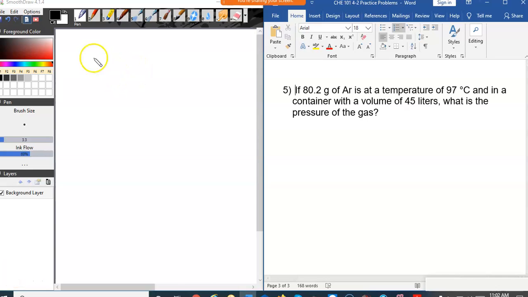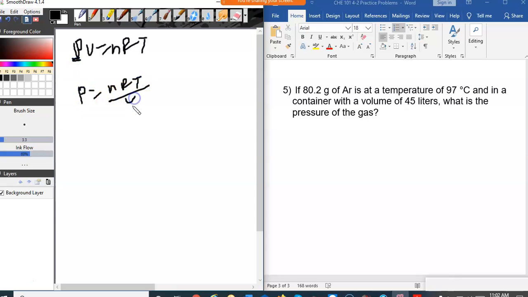Okay, so same type of problem. Again, PV equals nRT. We are looking for the pressure. So P equals nRT over V. In this case, we're not given moles, but we're given 80.2 grams of argon. So we can take the 80.2 grams of argon and figure out how many moles it is.